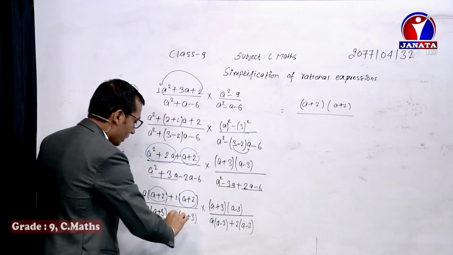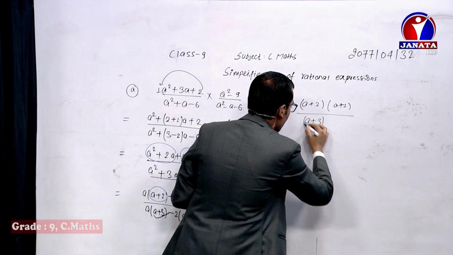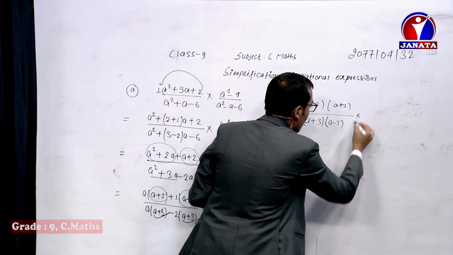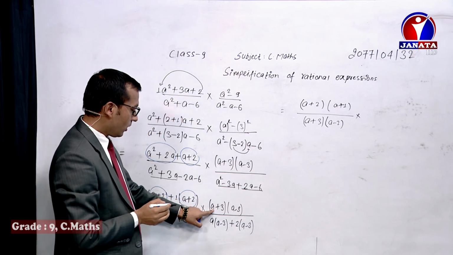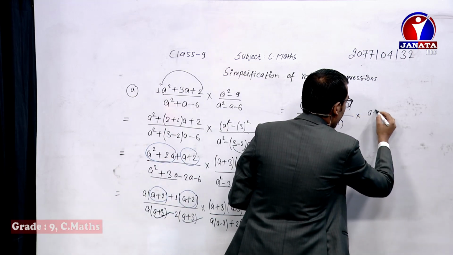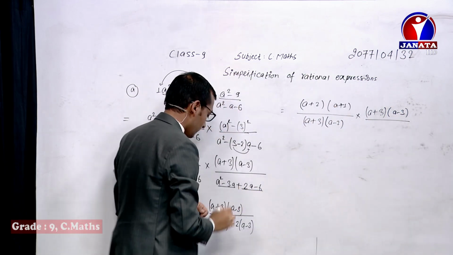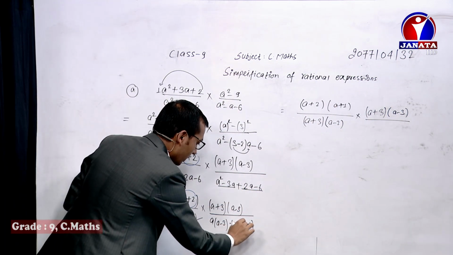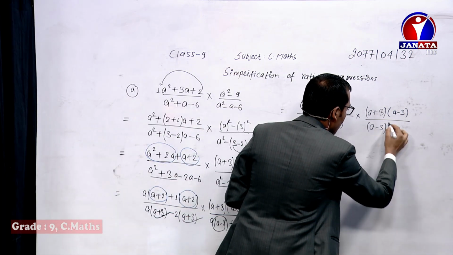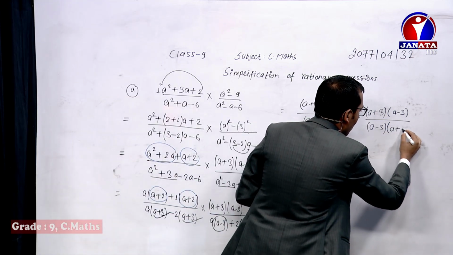In the denominator a plus 3 is common, a plus 3 times a minus 2, a minus 2 multiplied by a plus 3 and a minus 3. So these two are the factors, a plus 3 times a minus 3 over, what is the common factor here in the denominator, a minus 3 is common, a minus 3 times the remaining factor is a plus 2, a plus 2.